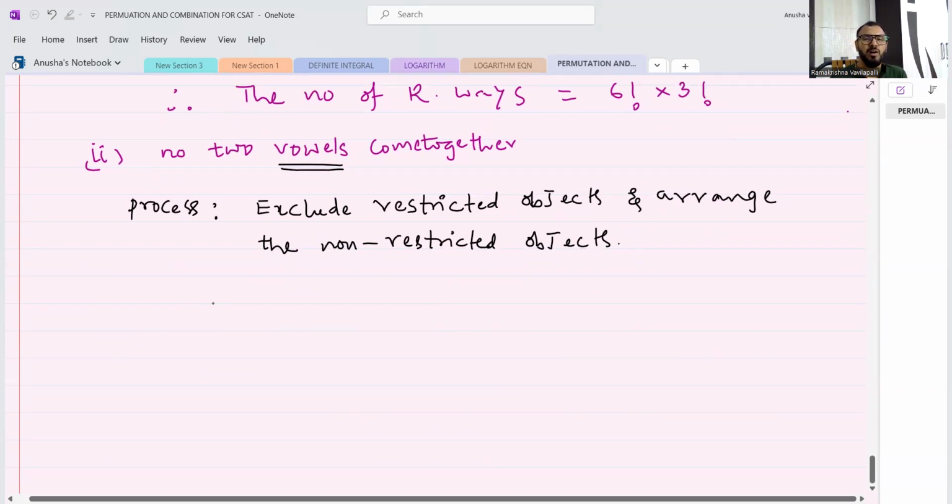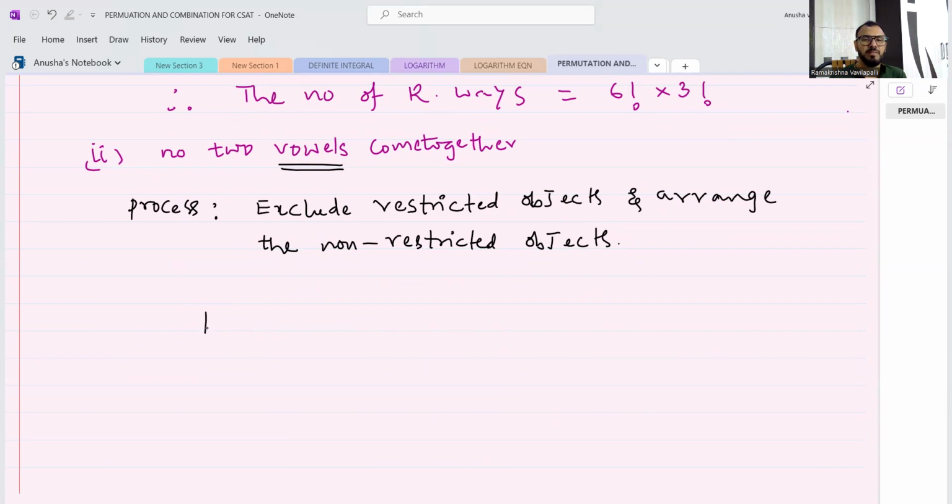The consonants are P, S, C, X, M. Here I wrote a cross mark between them.